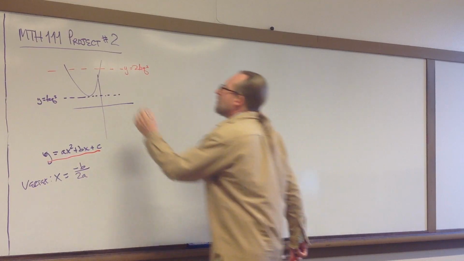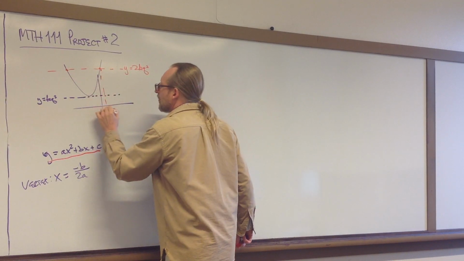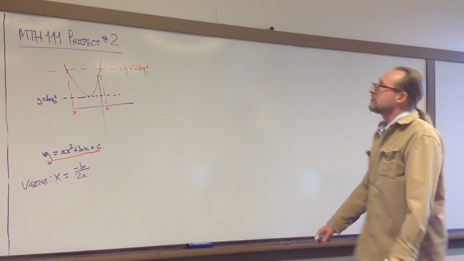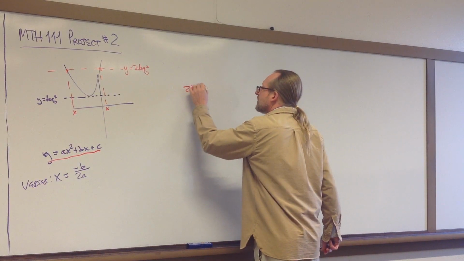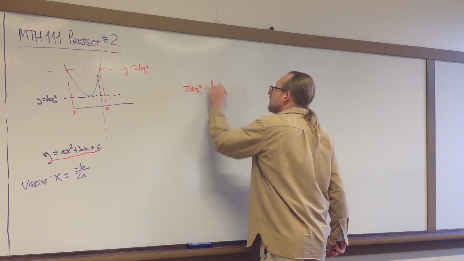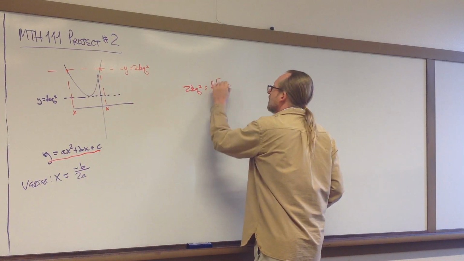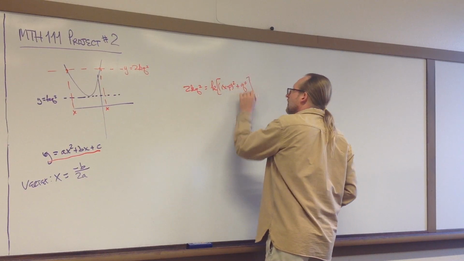And the idea is we want to find a way to represent the X coordinates that match up to Y being 2KQ squared. And the way that you can do that, set 2KQ squared equal to the equation for the parabola and solve for X.